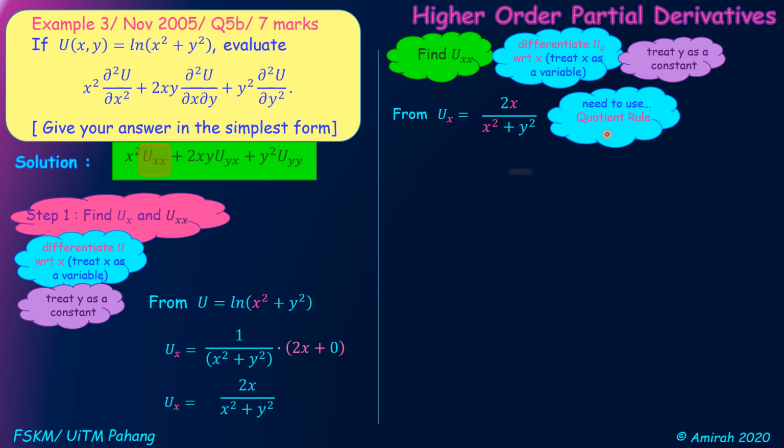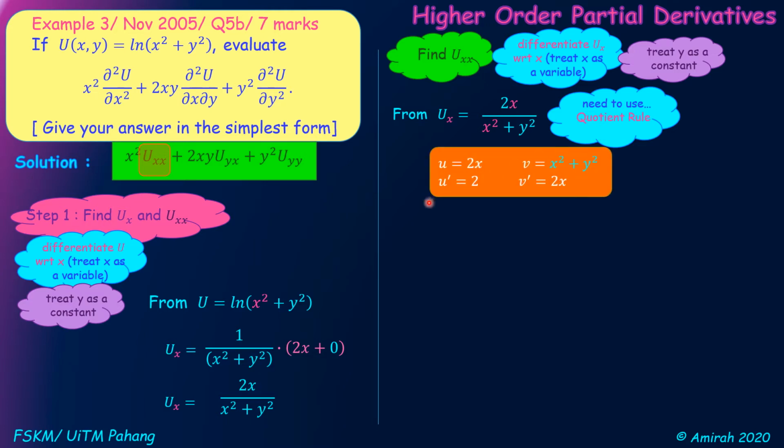When we use the quotient rule, we need to identify u, v, and then find u prime and v prime. u equals the numerator, which is 2x. When we differentiate with respect to x, we get 2. v equals the denominator, which is x squared plus y squared. When we differentiate x squared, x is a variable, so we get 2x.